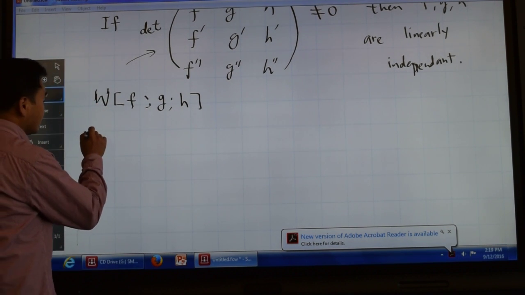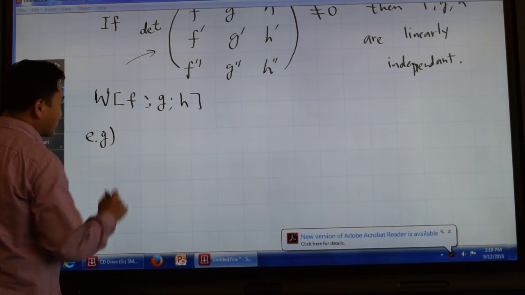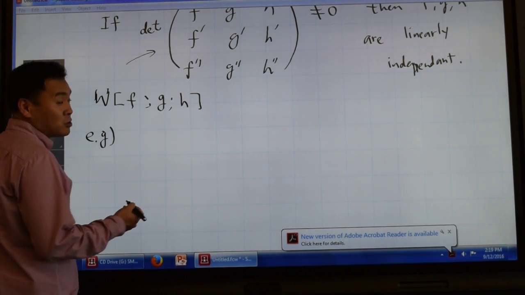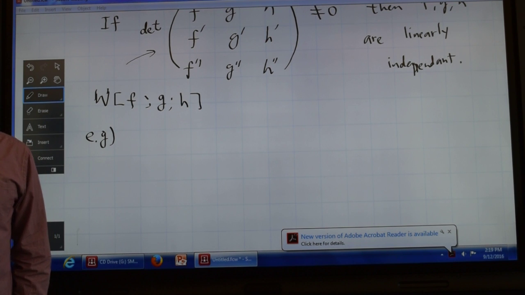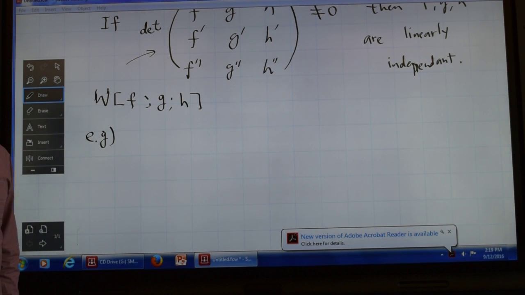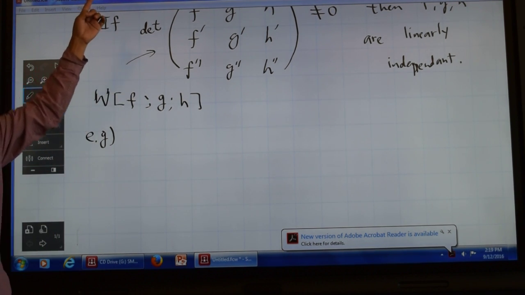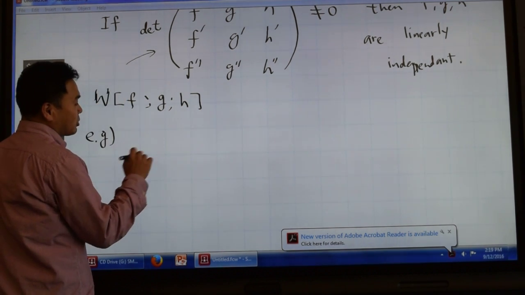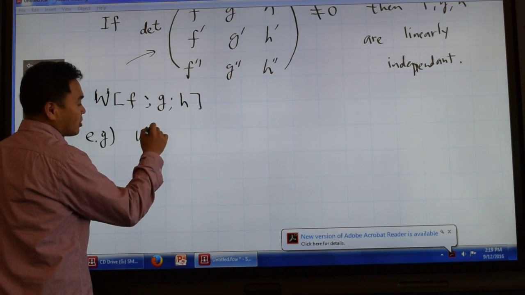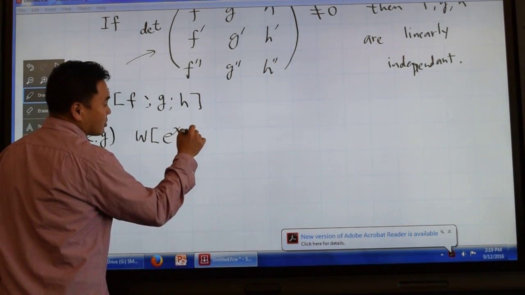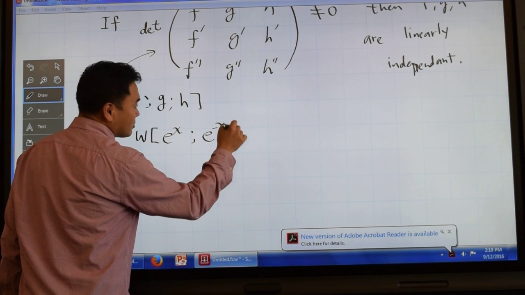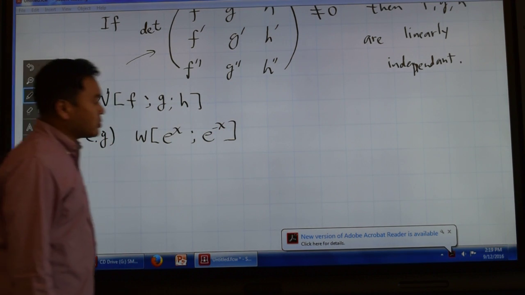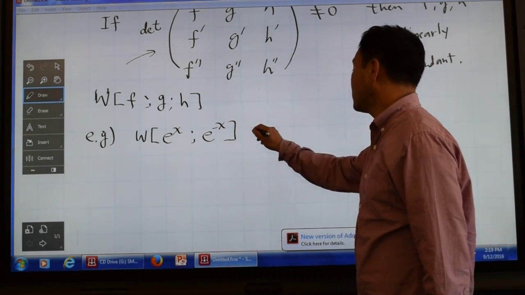So here's an example, and you're probably going to like this better than the one before. Suppose I want to show that e to the x and e to the negative x are linearly independent. We had to go and prove something really long before, right? But with the Wronskian, here's what you can do. You can just take the Wronskian of e to the x and e to the negative x, and that implies, well, what is this?